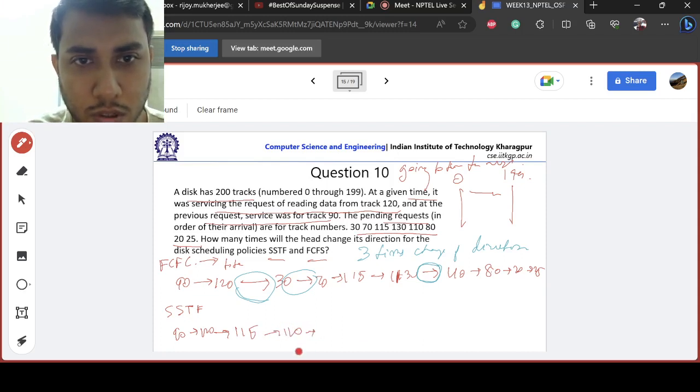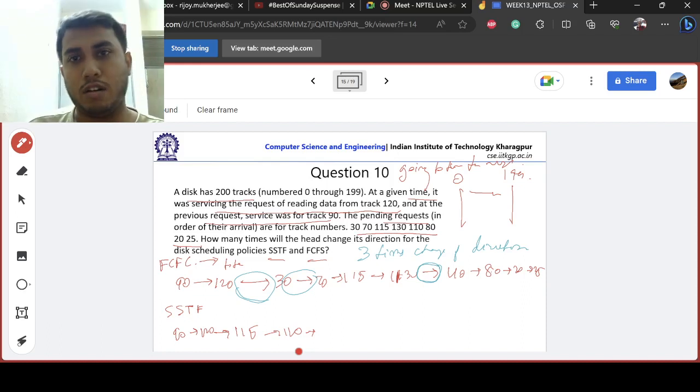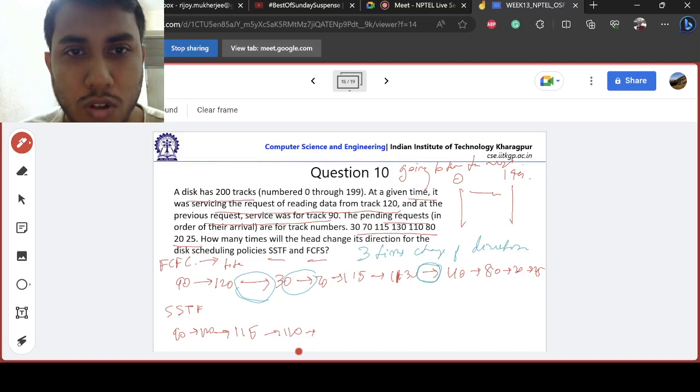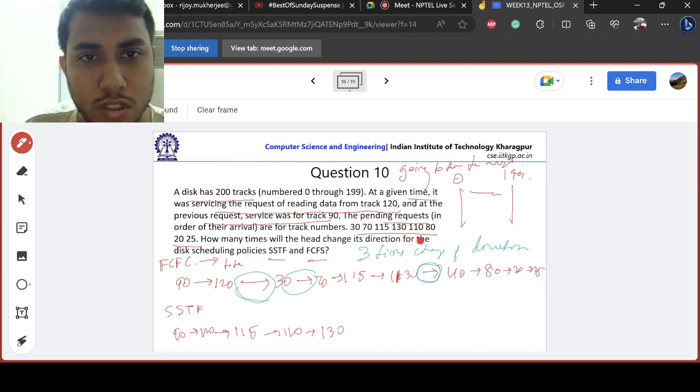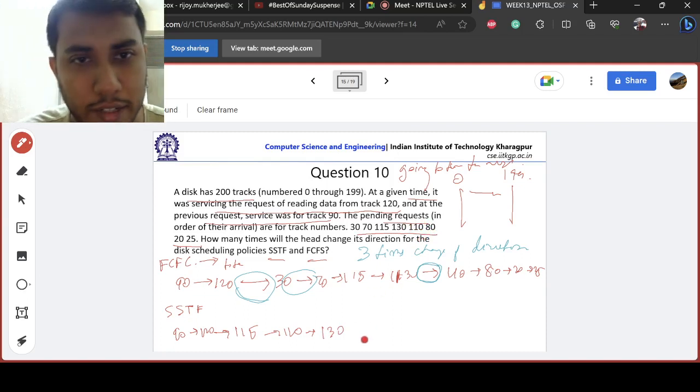Now, which is closer to 110? The options are 130 and 180. So the closest to 110 is 130, so it will go that side.